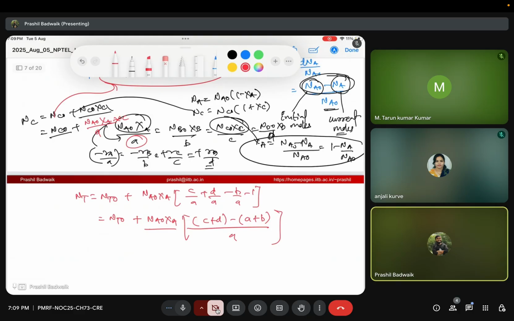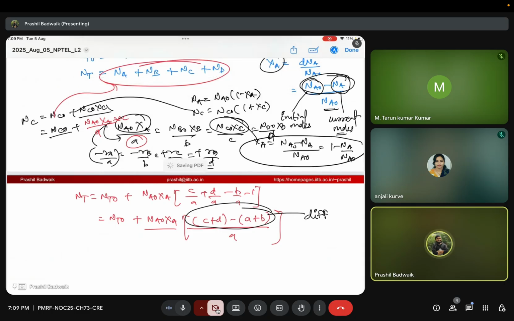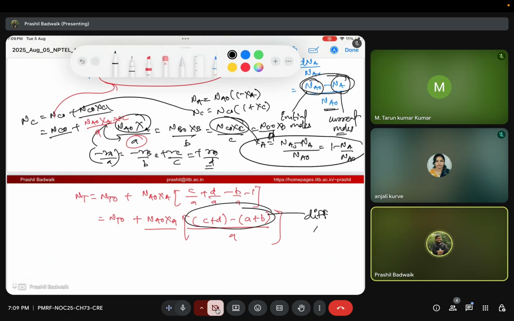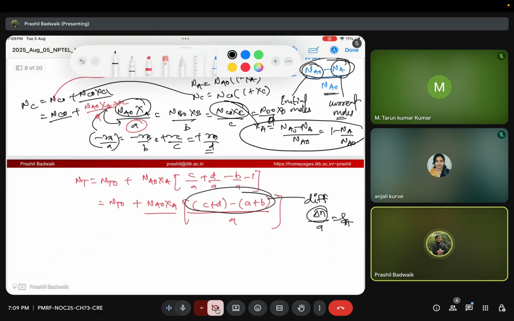This is what we have calculated: the difference between the stoichiometric coefficients of product and reactant, that is delta n. And delta n divided by a is called del a. A is considered as the limiting reactant for the time being.